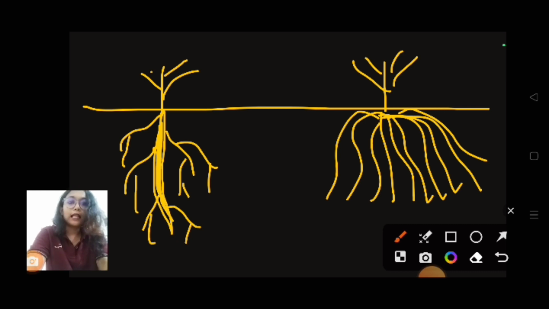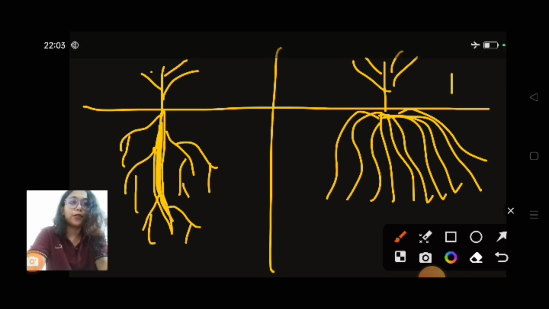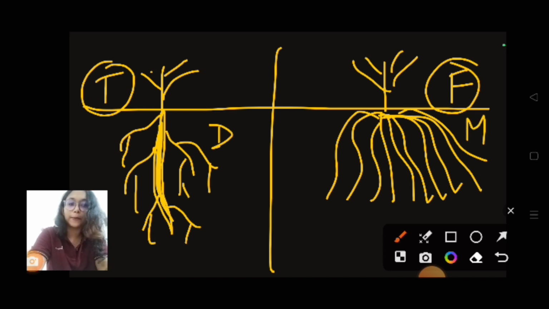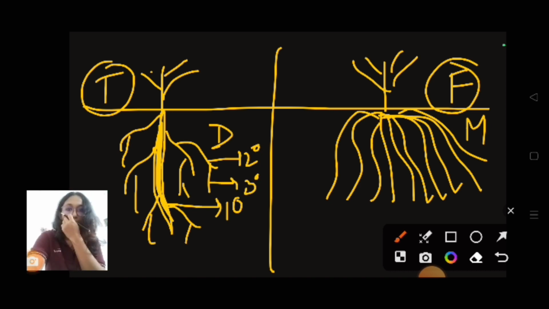Okay, this one fibrous root, this one is taproot. Okay, this we can see in dicot plant and this one in monocot plant. Okay, here the roots have been divided into primary, then secondary and tertiary, like that. Okay, clear?